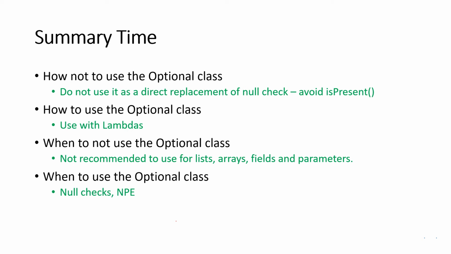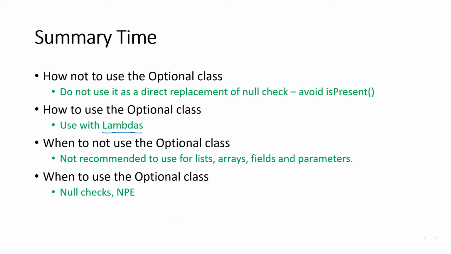Let's move to the second point, that is how to use the Optional class, and that is using lambdas. Leverage the lambda features that come with the Optional class, and do not use it just as a normal replacement for null checks. Use the lambda features that come with Optional so that you can write cleaner and more elegant code.